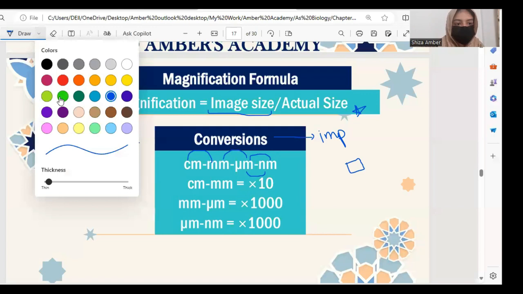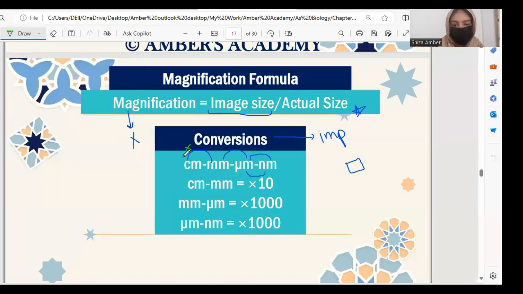Change the color. So we multiply when we're going from cm to millimeters. We again multiply when we're going from millimeters to um. um is micrometers. Then we again multiply if we need a value in nanometers. So we multiply mm to um by 1000. We also multiply um to nm by 1000 again. But if we want our value in micrometers, and the value given is in nanometers, then you divide it.